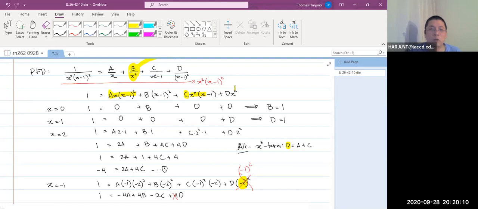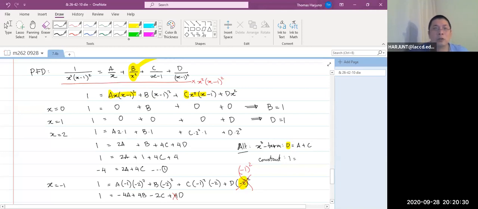Okay. Now you can also look at, for example, I think I will look at the constant. Is it possible? Yeah, let me look at the constant term. The constant term on the left-hand side is 1. On the right-hand side, you must have an x here, right?